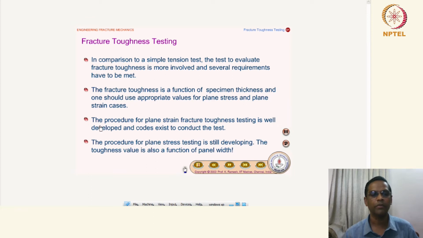The procedure for plane strain fracture toughness testing is well developed and codes exist to conduct this test. The procedure for plane stress testing is still developing. The toughness value is also a function of panel width.